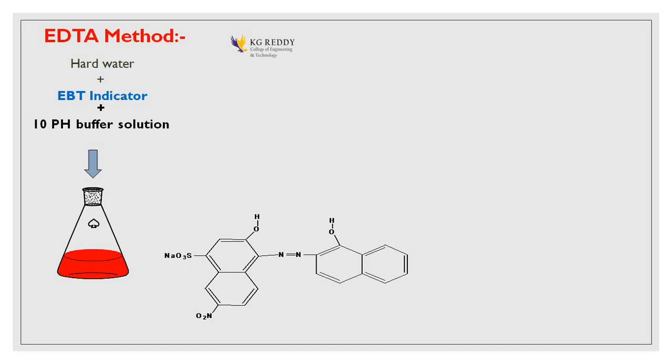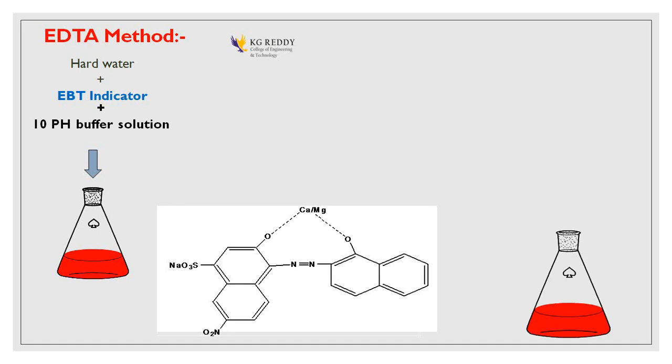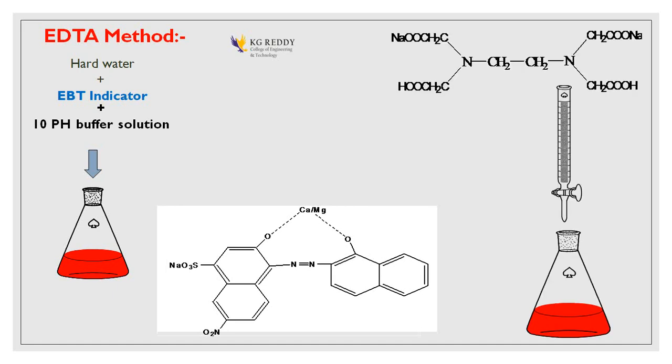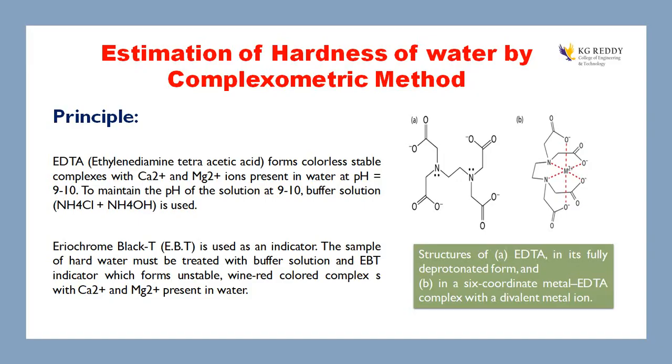EDTA full form is ethylene diamine tetraacetic acid, right? So the principle is that EDTA forms a colorless stable complex with calcium and magnesium ions present in the water sample. When you add the EBT indicator to the water sample, you get wine red color.